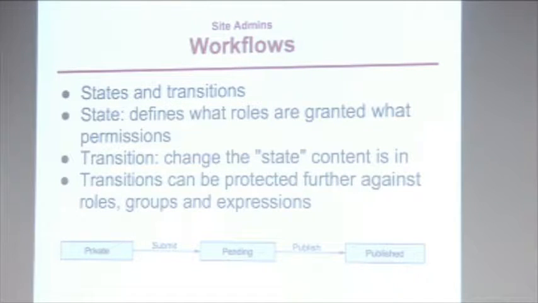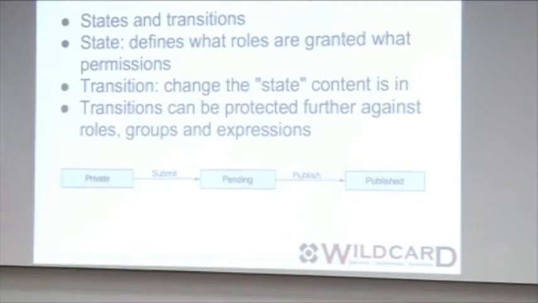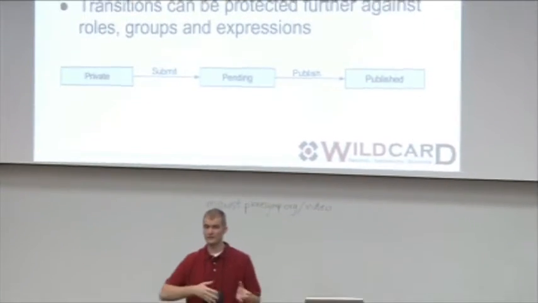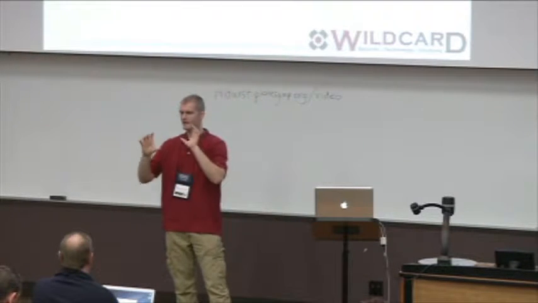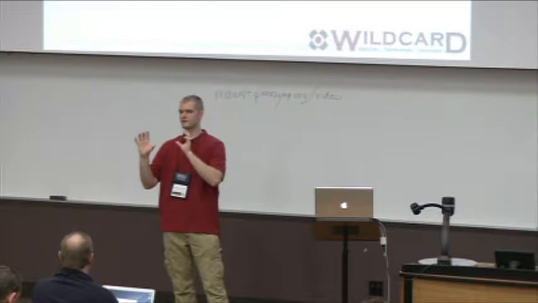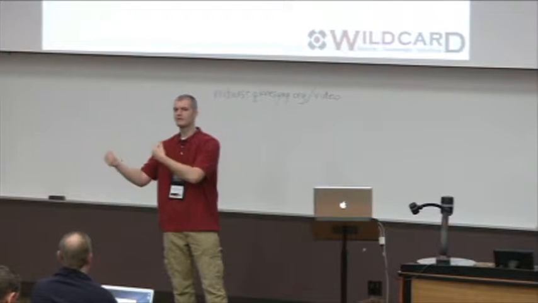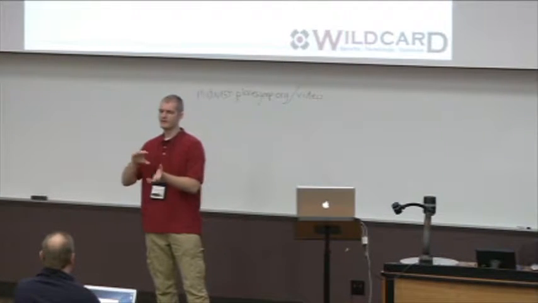Certain actions can be performed on transitions programmatically, and like with content rules, you can send emails and do whatever. Every single time you transfer to a new state, that new mapping of permissions to roles is overwritten. That's how the permissions get transformed from state to state.